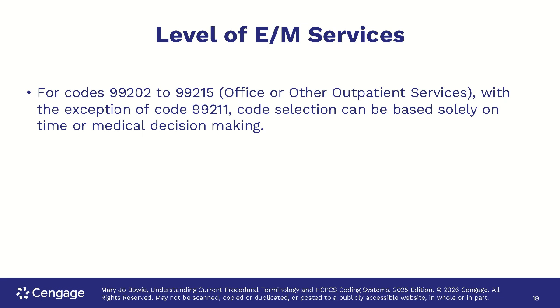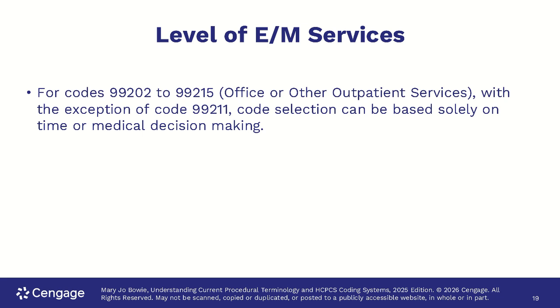So for those office visit codes that we just talked about, with the exception of 99211, code selection is based on either total time on the date of the encounter, and there is a list of activities that can be counted as total time, or based on medical decision making.